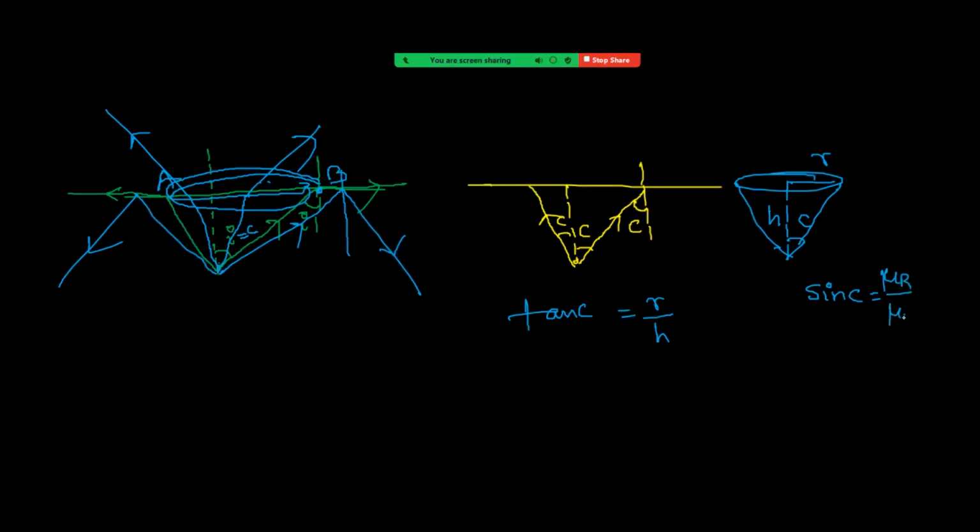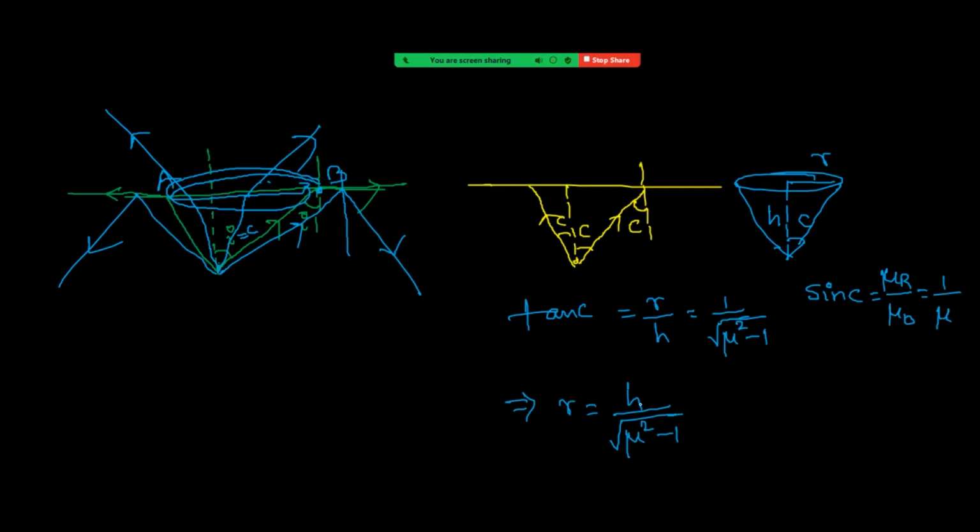Here, one is air and one is water, it is mu. Sin C is 1 by mu, so tan C value is 1 upon root of mu square minus 1. So from this, R value is H upon root of mu square minus 1.